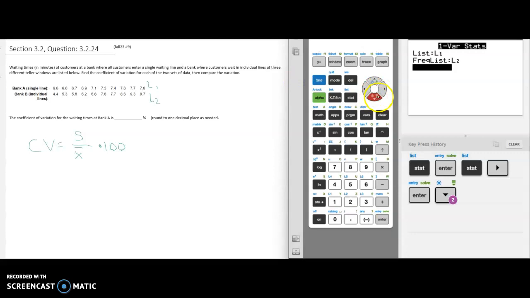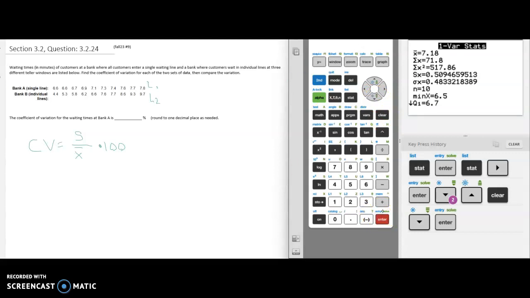I'm not using frequencies here, so I'm going to clear the frequencies and then calculate. For bank A, my mean x bar is 7.18, and my sample standard deviation, which is S sub x on my calculator, is 0.50946595513, a nice long number.